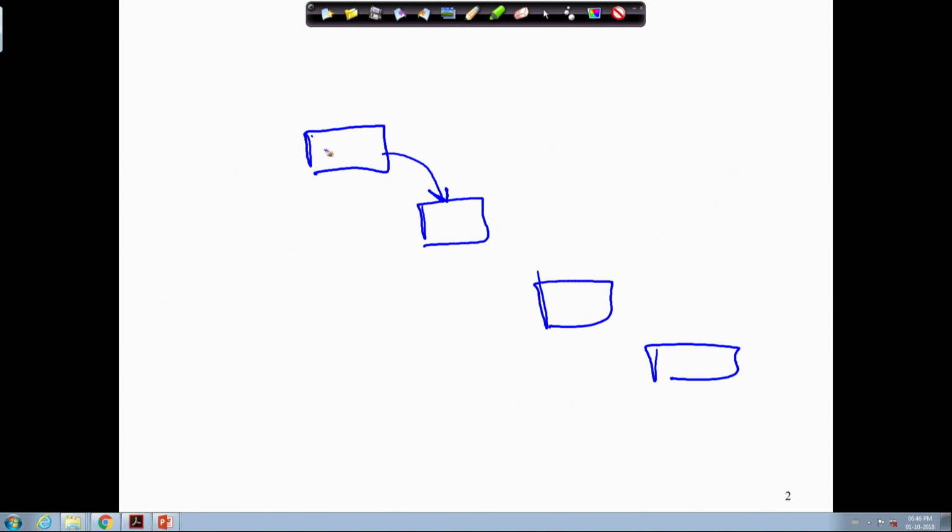For example, this may be the requirements, and based on the requirements we start the design activity, and based on the design we do the coding and so on.